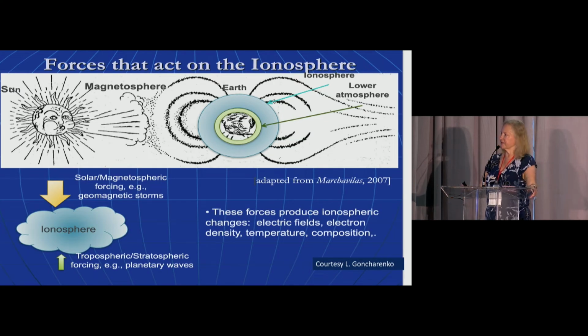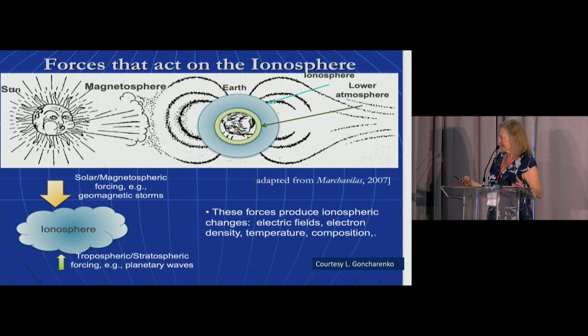And Larissa has done a lot of this work basically connecting the forces between the lower atmosphere and the difference between the magnetosphere forcing versus the stratospheric troposphere forcing. This was probably 10 years ago, and she can certainly confirm that initially people weren't buying it.